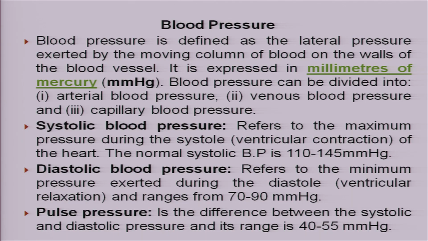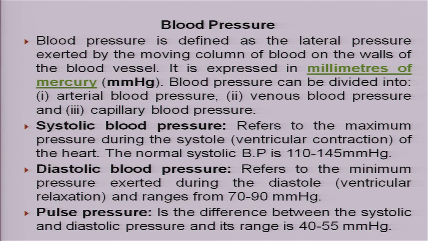When that moving column of blood exerts pressure on the blood vessels, we measure blood pressure, and it is an important indicator. We all know when we visit a doctor in certain conditions, he measures our blood pressure because it is an important indicator of whether our body, heart and other systems are functioning properly or not.